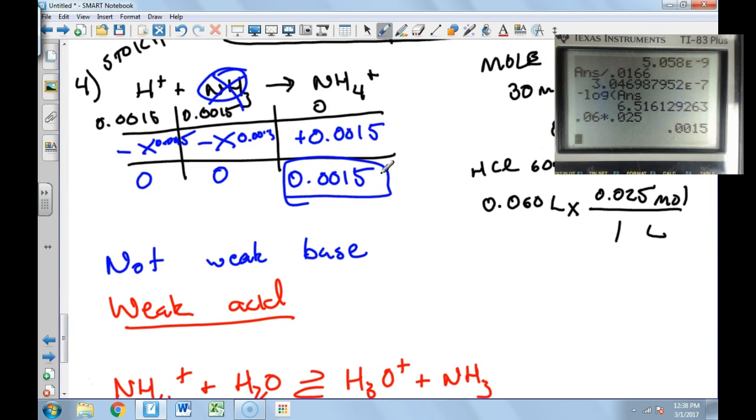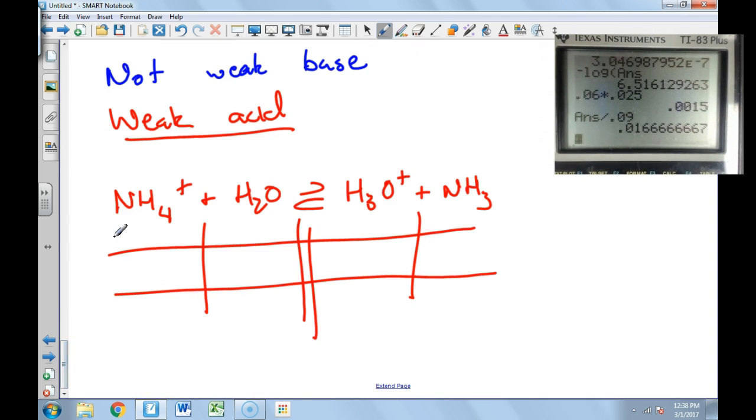We still haven't done the concentration. So 0.0015 divided by 90 milliliters, which is 0.090 liters. So the initial concentration of this is 0.0167. H2O doesn't matter. We don't have any acid, and we don't have any of this.